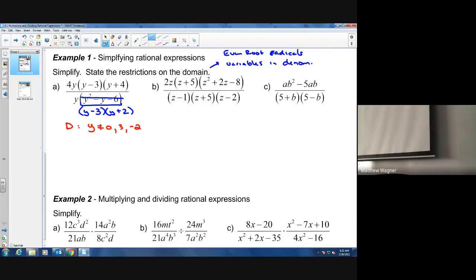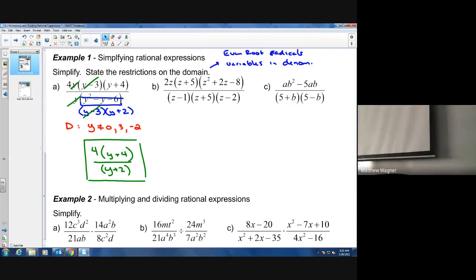The reason I do that before is because watch what happens when we simplify. We lose the y's, we lose the y minus 3's, and we're left with 4y plus 4 over y plus 2.